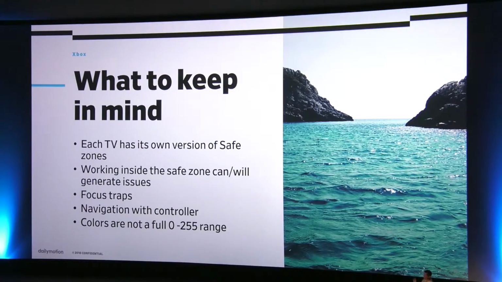That one actually caused me quite a few problems because when the Xbox is running on Sony, Samsung, or Panasonic, they don't render the same way. 720p is rendered differently on Panasonic and on Samsung, so you really have to be careful when you work inside those safe zones, which is, of course, what we did at Dailymotion. And so you can have the application that is stretched out, and so you would actually not be able to see what's happening in there.